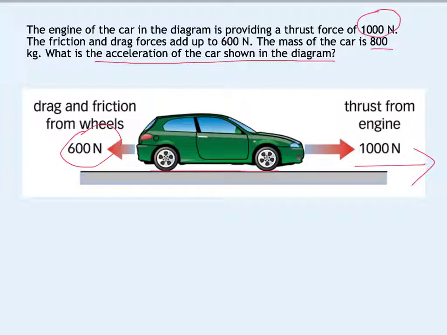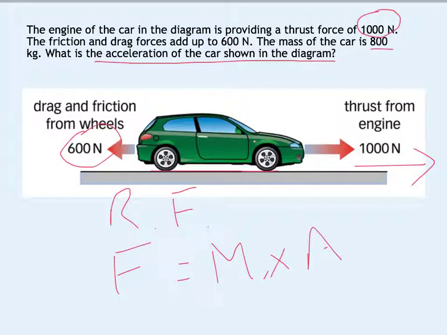First of all, you're going to have to work out the resultant force. Having worked out the resultant force, you're going to have to rearrange the force equals mass times acceleration equation, and that will give you the ability to calculate the acceleration. So pause this slide and do the calculation, and then we'll look at the answer.